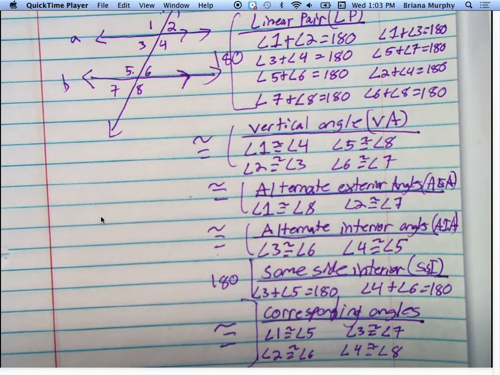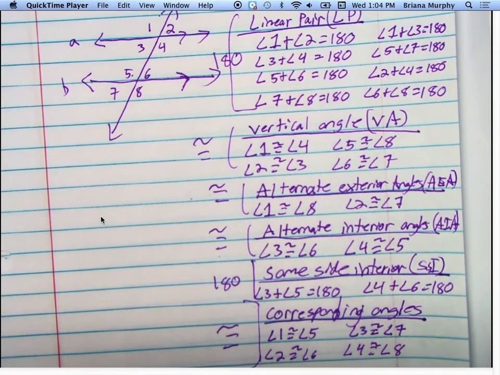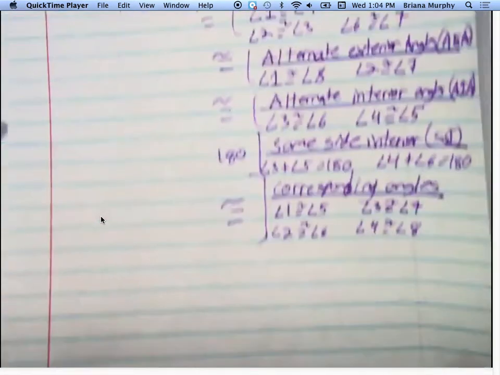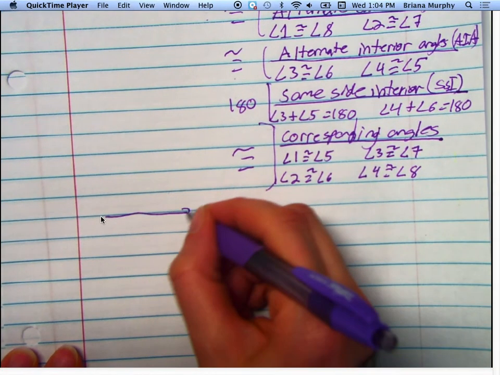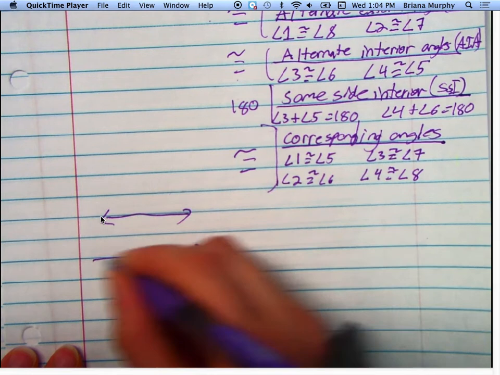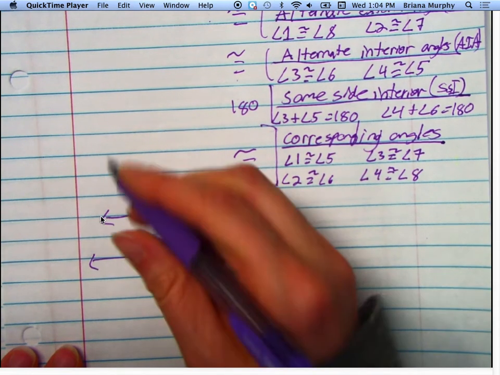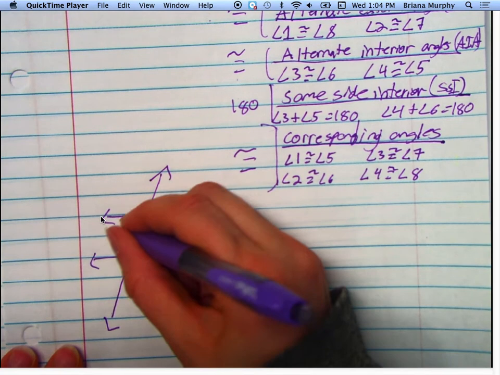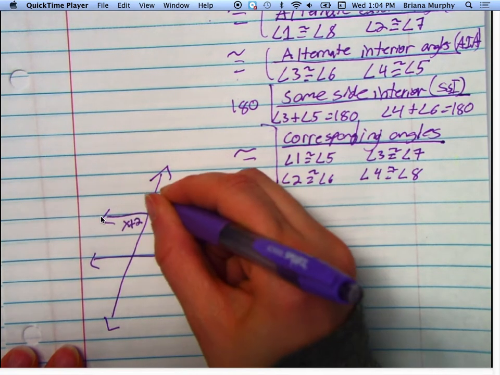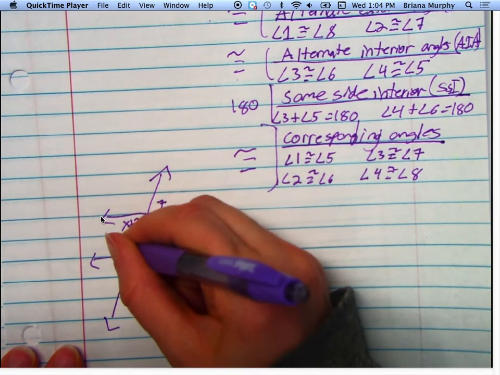Okay, so I'm going to give you a couple of examples that you might see on your homework for tonight. We're going to draw two parallel lines again, cut by a transversal, except this time I'm going to make this x plus 2, this is 7, this is 173, and this is y.